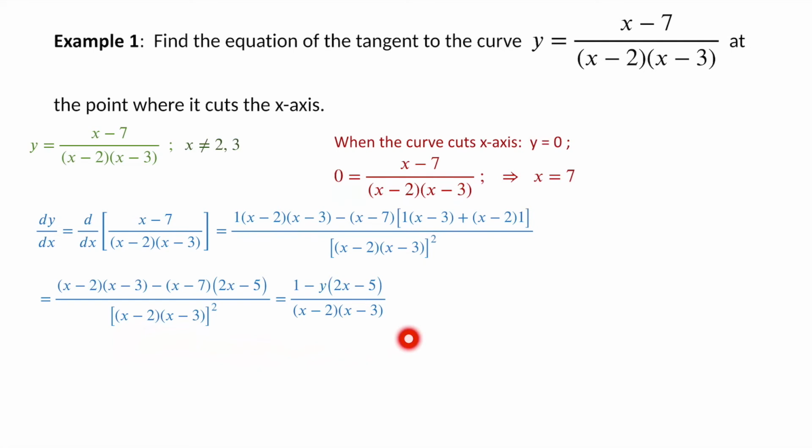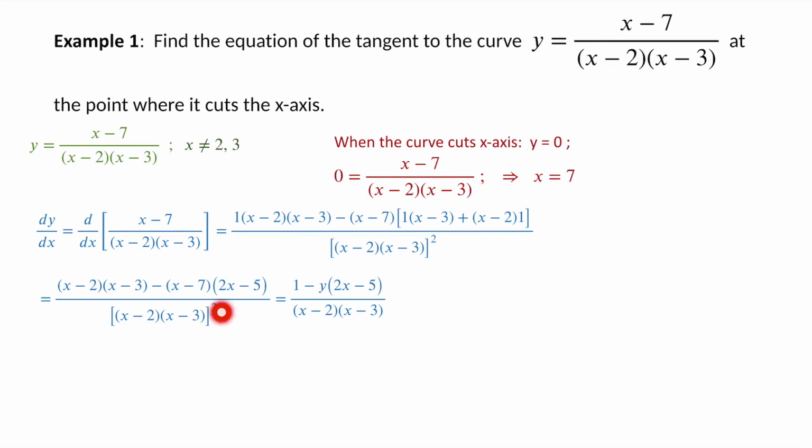And here you might be wondering where this y came from. Well, this is just a simplification. You don't really have to go this far, because all that we need to do is plug in these values of x and y, 7 and 0. We could have done that even at this stage and found the slope. But we are just simplifying it further. What we have done here is divide both the numerator and denominator of this expression by x minus 2 multiplied by x minus 3.